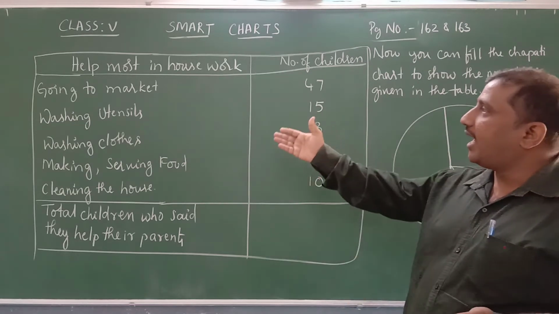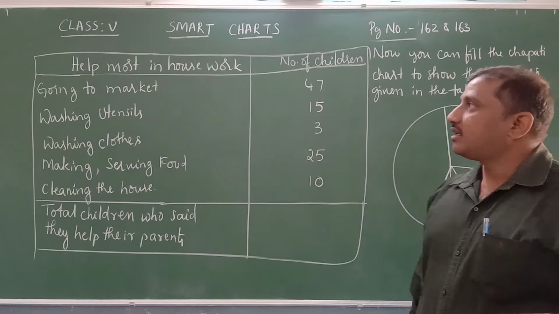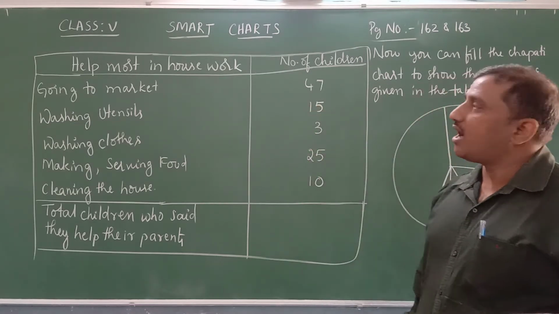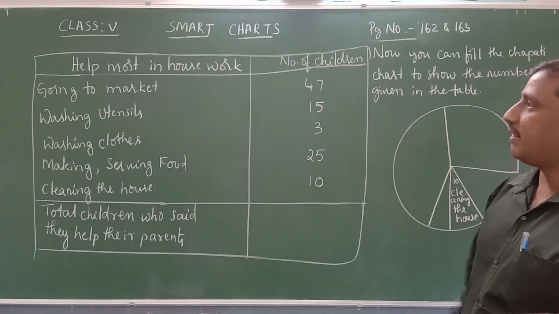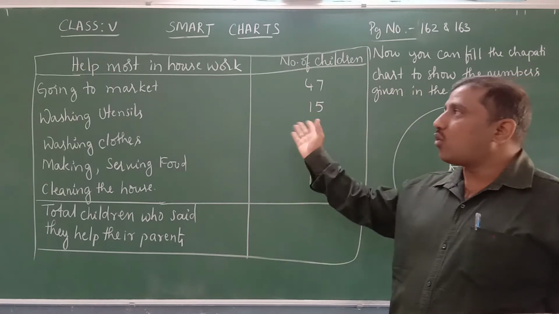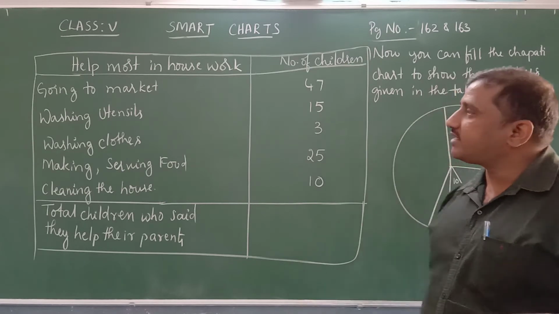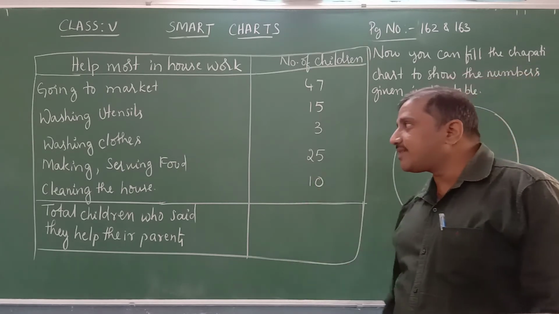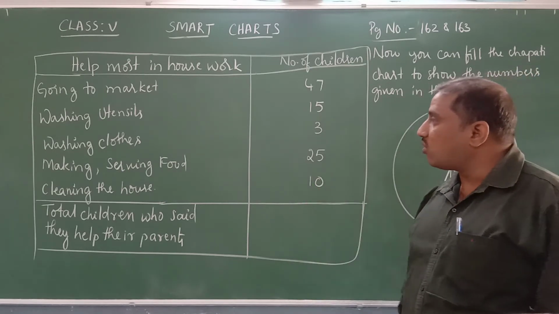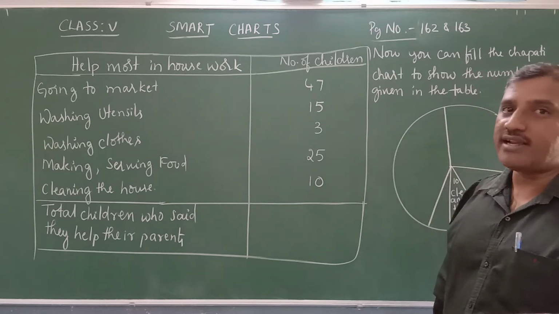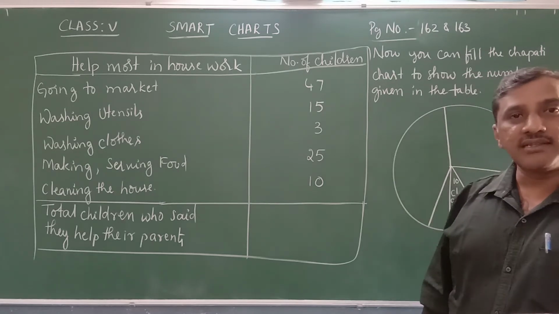That is, help most in housework. Most of the children are helping in housework. So what were the works? Going to market and bringing the vegetables, washing utensils, washing clothes, making and serving the food, cleaning the house.